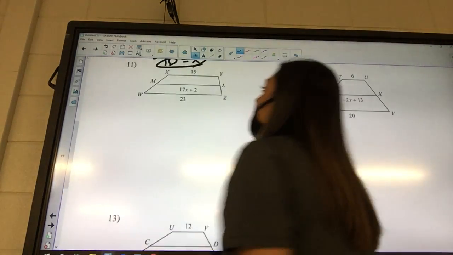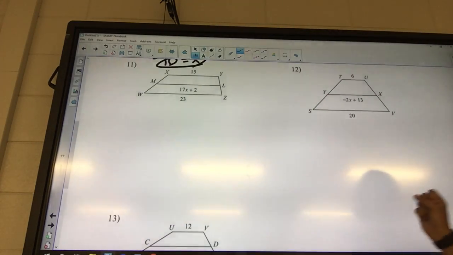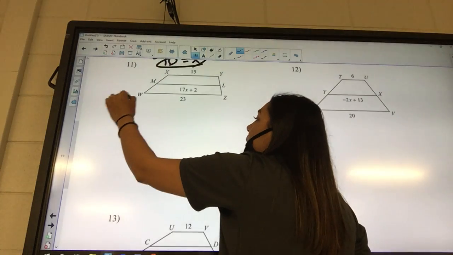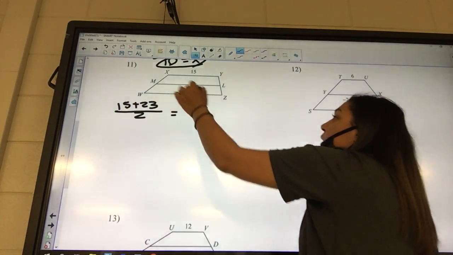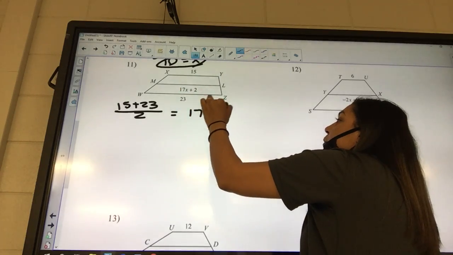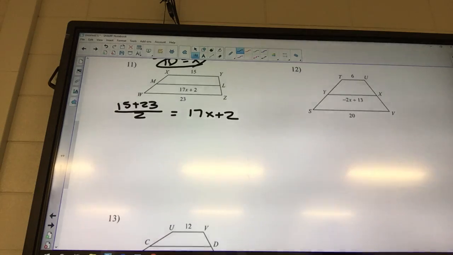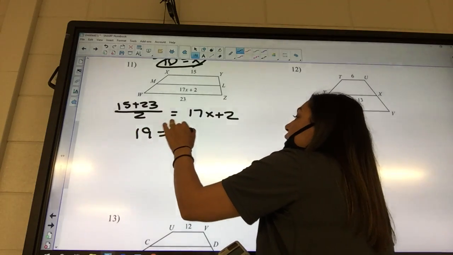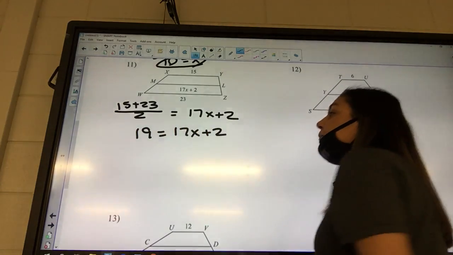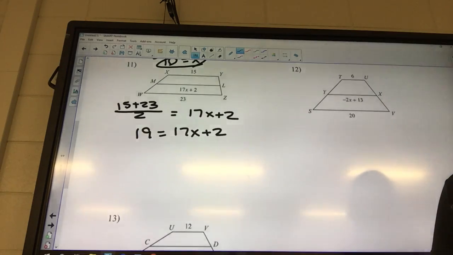Okay, look at 11. We're going to say top plus bottom divided by 2. I got 15 on top plus 23 on bottom divided by 2, and that's going to equal the middle. My middle is 17x plus 2. So 15 plus 23 divided by 2 is 19. 19 equals 17x plus 2.